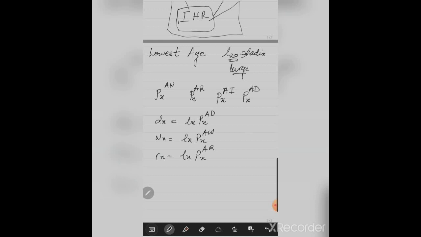I can even find out ix as lx times px^ai. All these are the decrements that are coming up, which means l(x+1) equals lx minus dx minus wx minus rx minus ix. If I remove all the people who have been decremented because of all these causes, I will get the number for the next possible age.